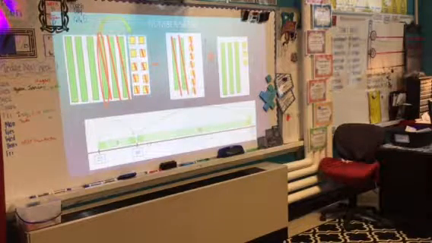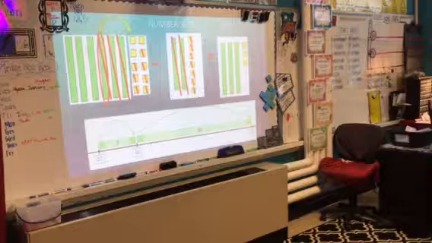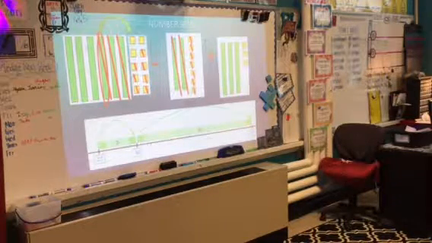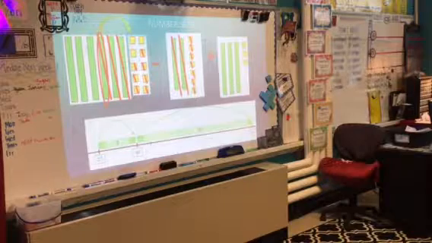Talk to your group and your partner about where's the difference. In other words, the answer, which is the difference, the answer to a subtraction problem. And what did this person do to solve this problem?